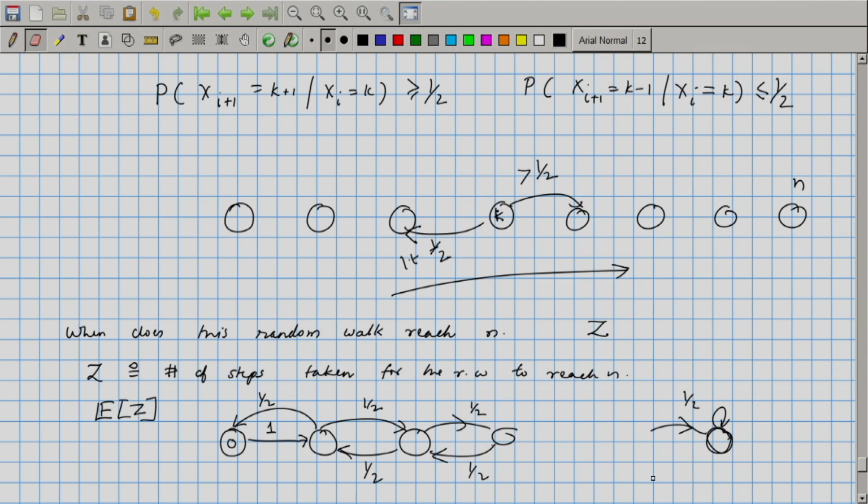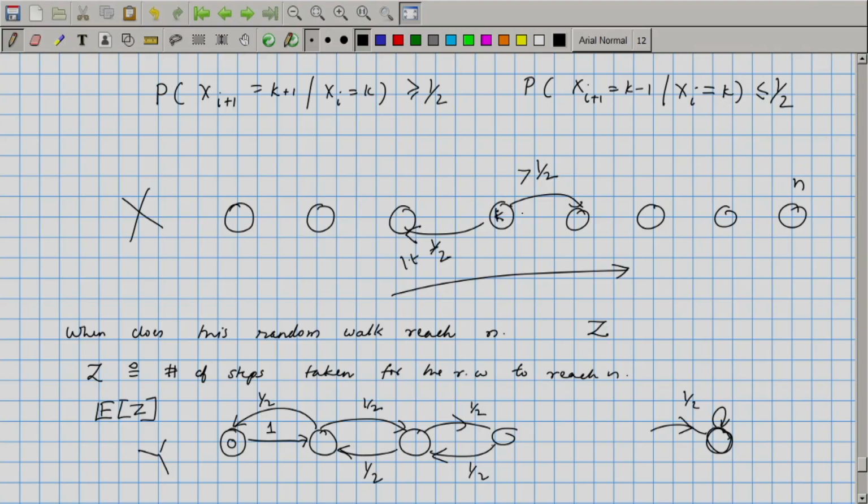So, if you look at this particular random walk, let us call this the random walk Y and this is the random walk X. Y is surely slower than X, slower in the sense that X has a tendency to move forward, because it goes forward from state k to k plus 1 with probability greater than half and comes back with probability less than or equal to half.